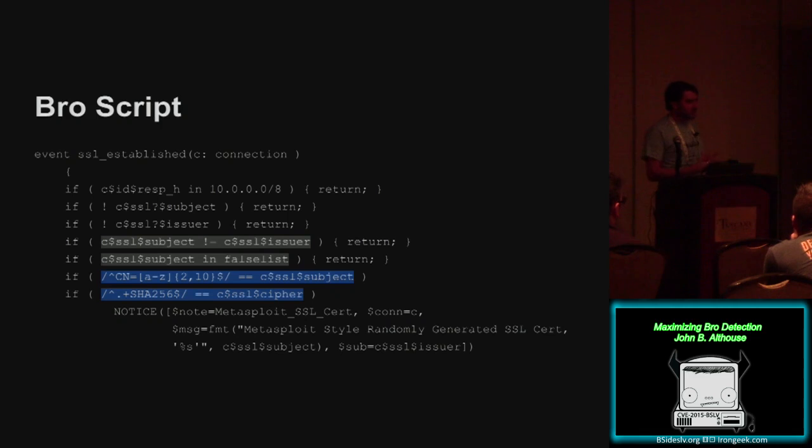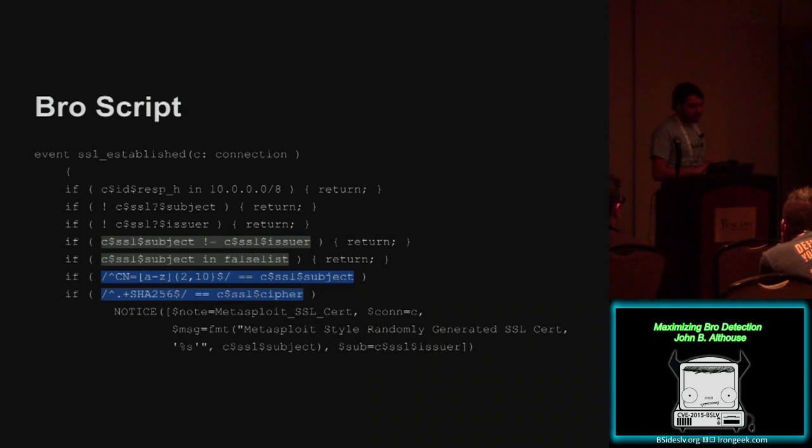Deploying this, I really had like 10 false positives, and after that they kind of went away. So what I'm saying is I'm just looking for the cert subject being CN equals, and then lowercase characters between 2 to 10, and then that's it, the cert subject ends. And the cert cipher is SHA-256.